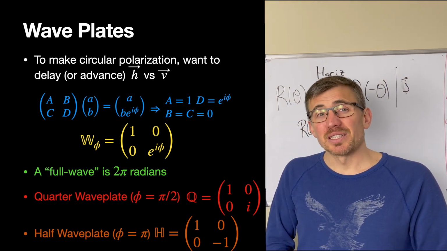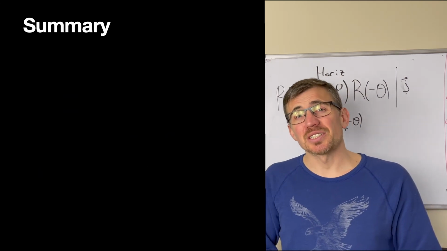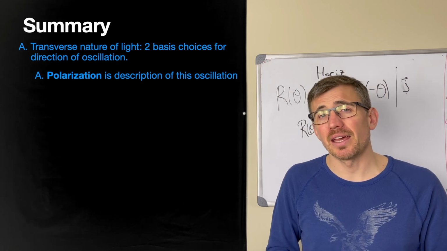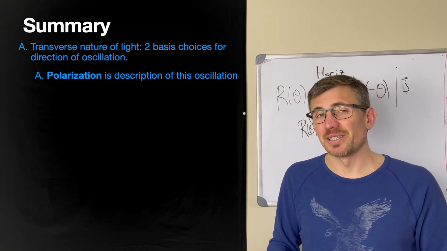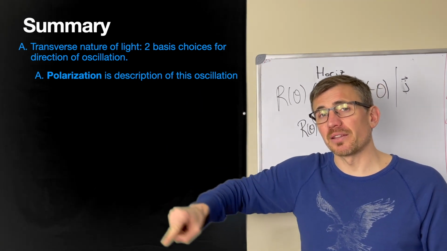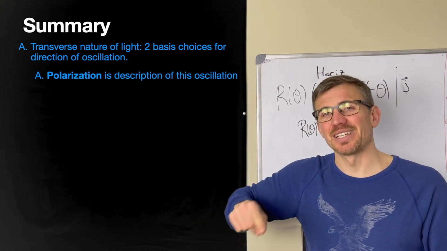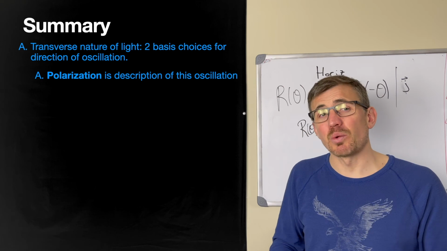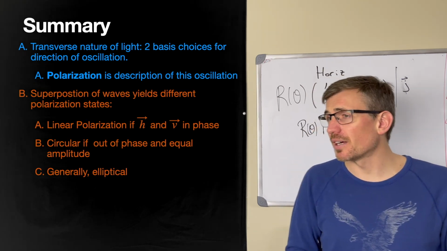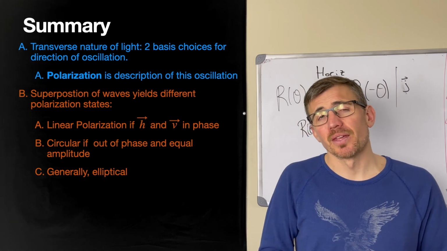Okay, so that was polarization, and let's just summarize. So light is transverse, it's propagating along a given direction, and the description of this Lissajous figure, or the trajectory plotted out by the electric field as it evolves, is what we call the polarization. And there's a mathematical description of this based on these Jones vectors.